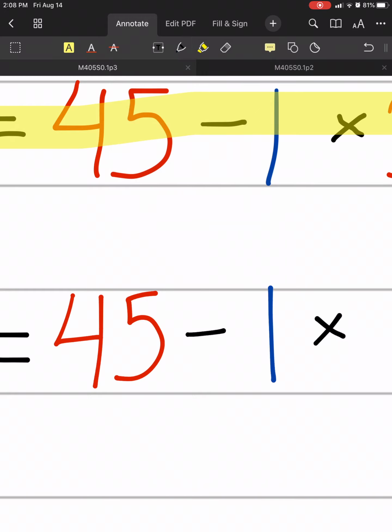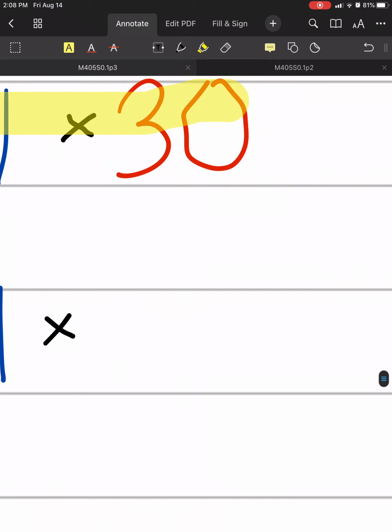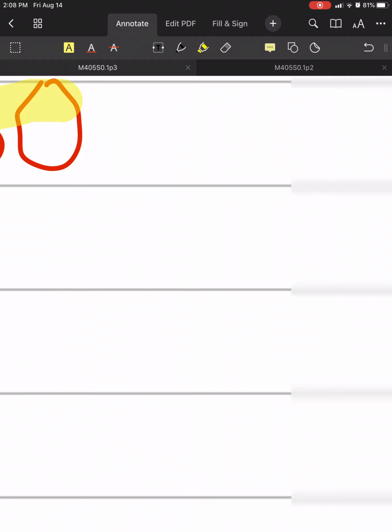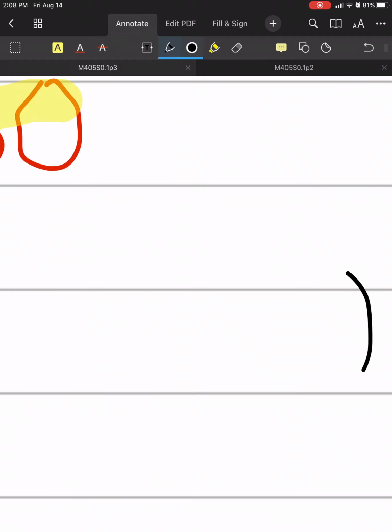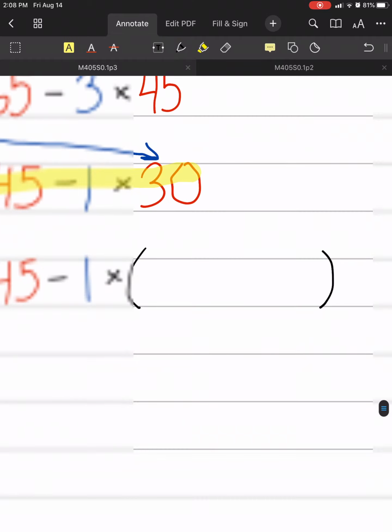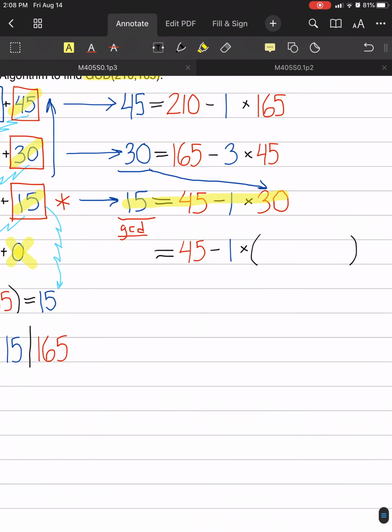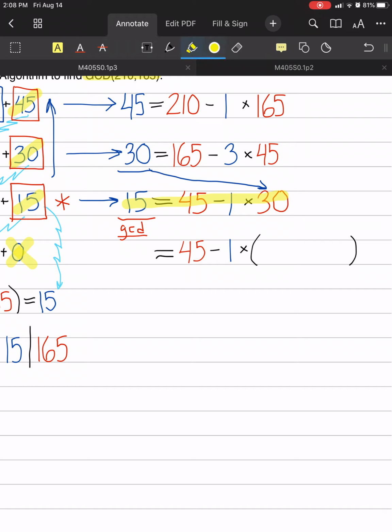And then this 30 is what matters to me. So let's put parentheses here and parentheses here. Hopefully that's enough room. And what I'm going to do is take this equation I've got up here and put everything there into these parentheses.